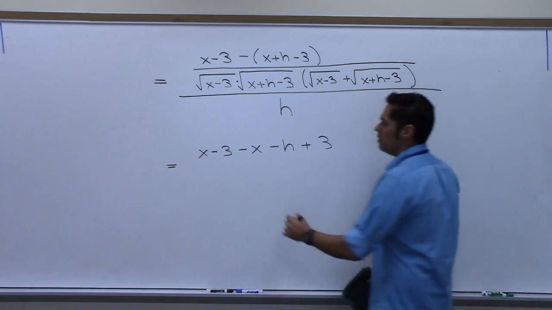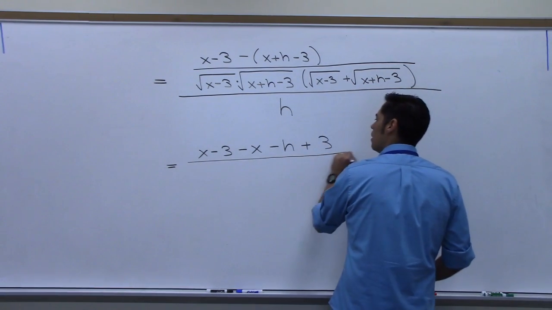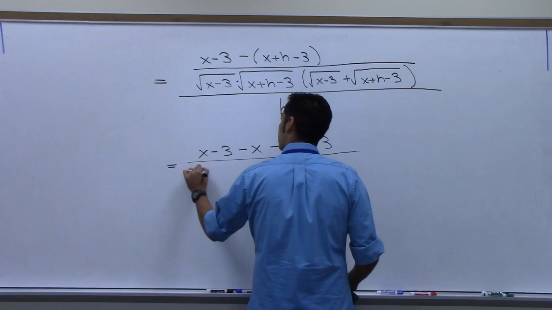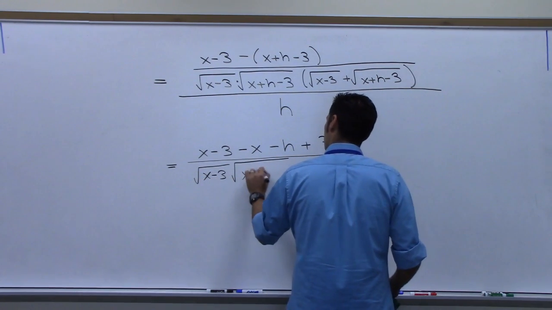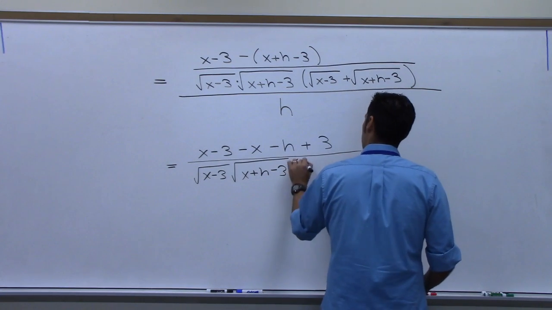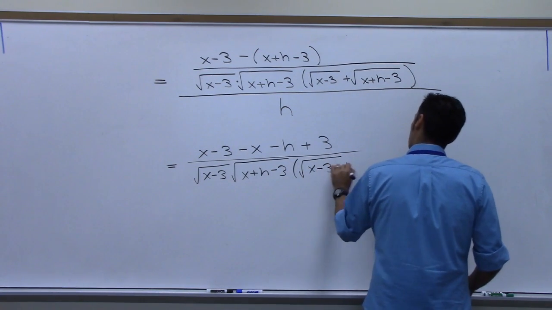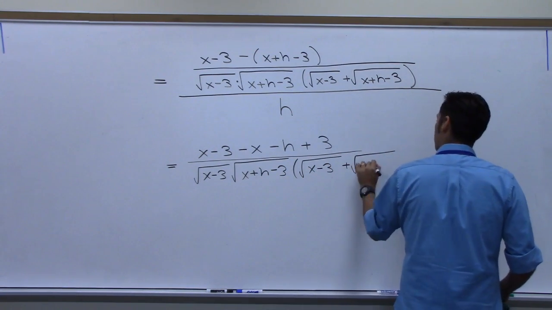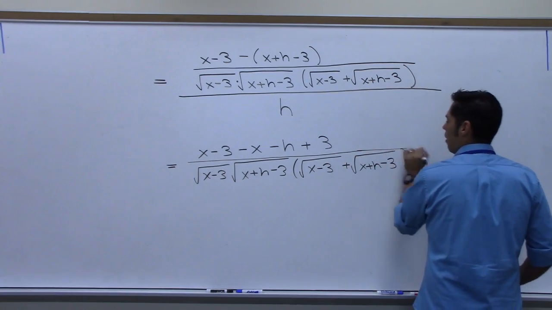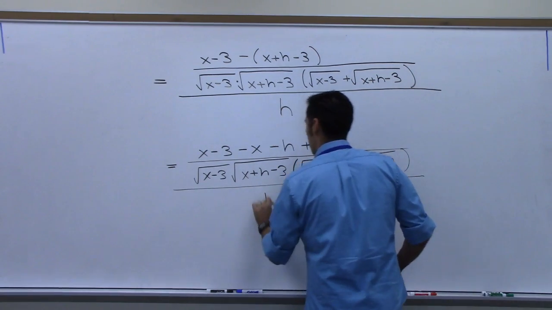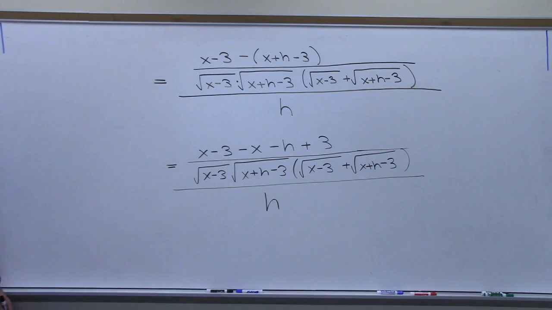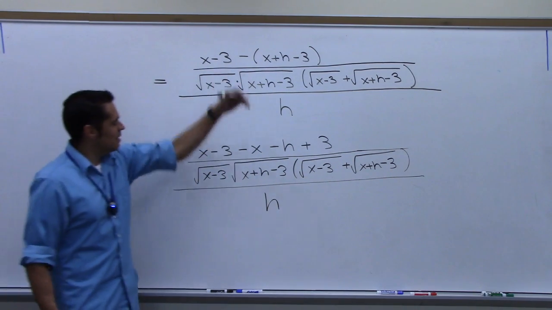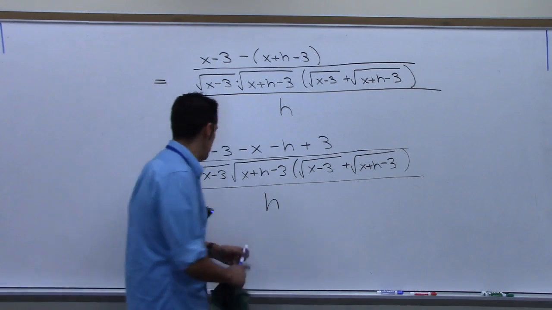That's the new numerator over what, this again, and then all over h. I wrote all that again just to distribute that negative through, but we get good cancellation now.